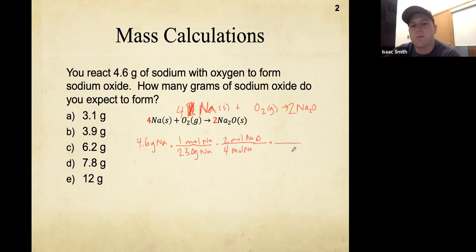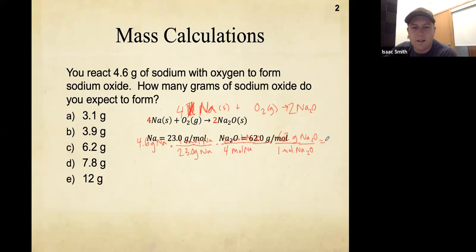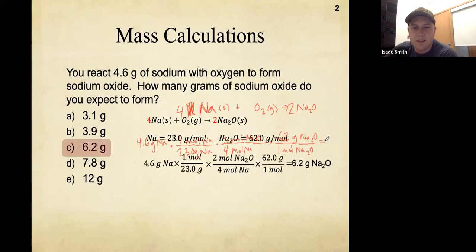And then we convert from moles of sodium oxide into grams of sodium oxide using the molecular mass, which is 62 grams per mole. Run through that calculation and you would get your answer, 6.2 grams of sodium oxide.